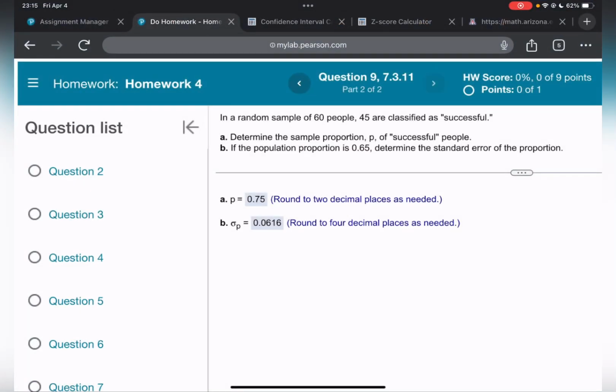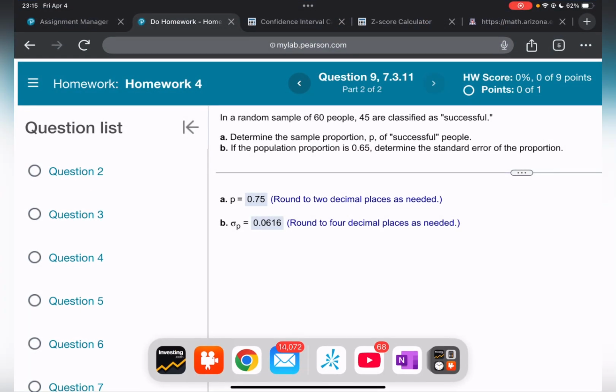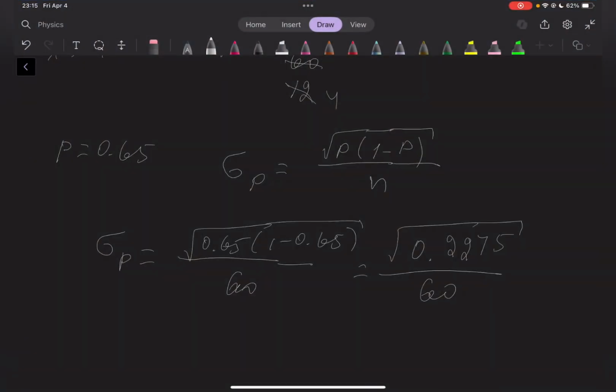So the answer is 0.0616. I'm going backwards: 0.0616 times 60, I should get the number whose square root is 0.2275.